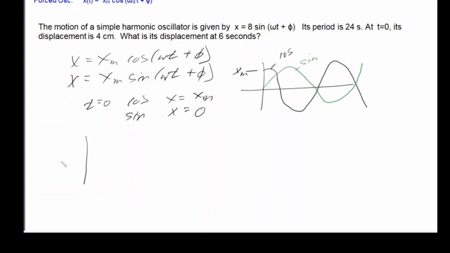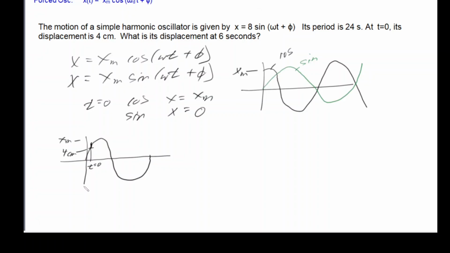So in this problem, it's a sine equation, so we'll draw that. But it says that at t equals 0, the displacement is 4 centimeters. So here's xm, and let's say that's 4 centimeters, and they're calling that t equals 0.